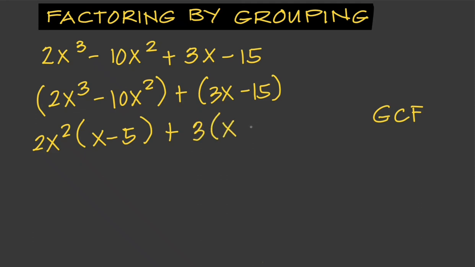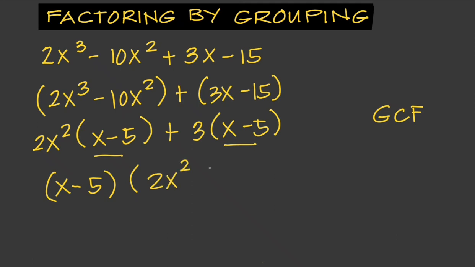Then we're left with x minus 5. Then we have a common binomial factor here, which is x minus 5. So we can just factor that out: x minus 5 times 2x squared plus 3.